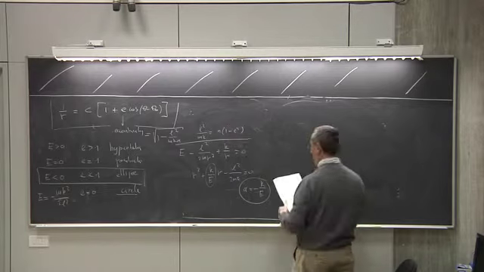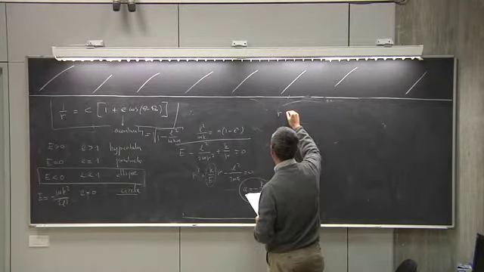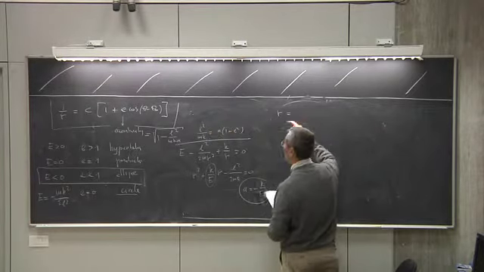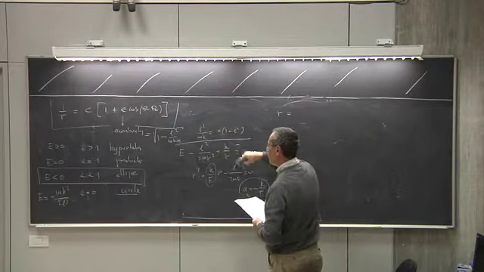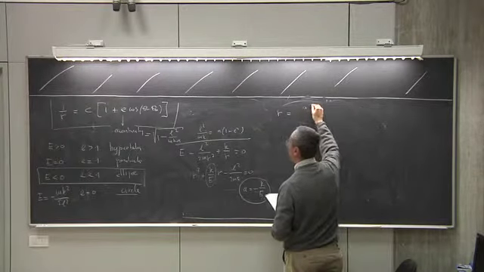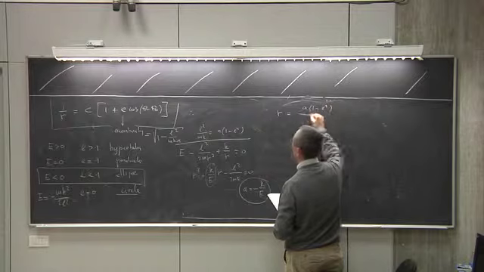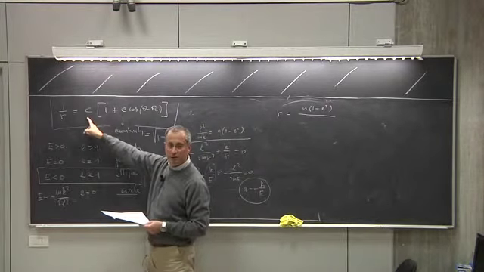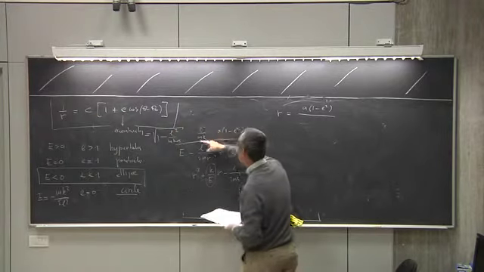So 1 over r, I like it better written like the orbit is, so let's take 1 over r is equal to, okay, you see you have the A(1 minus e squared), that is L squared over mk. Remember what C was, right? So I can rewrite C as equal to this.